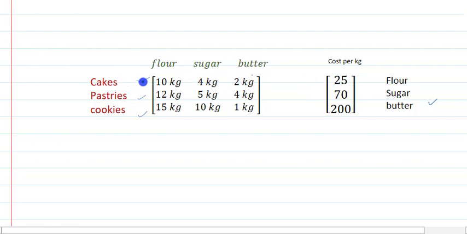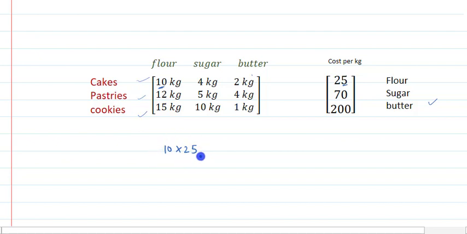Now, let me try to multiply the elements of the first row by the elements of the first column of the other matrix. Means, let me multiply this 10 kg with 25 rupees per kg, means the 10 kg flour multiplied by the cost of 1 kg flour. Then we can write it as 10 into 25.